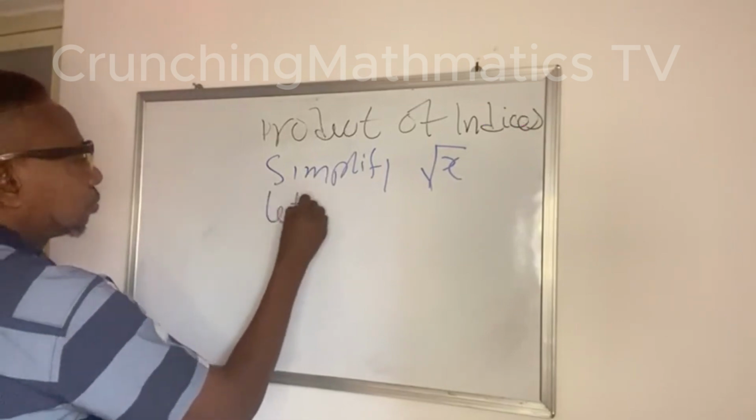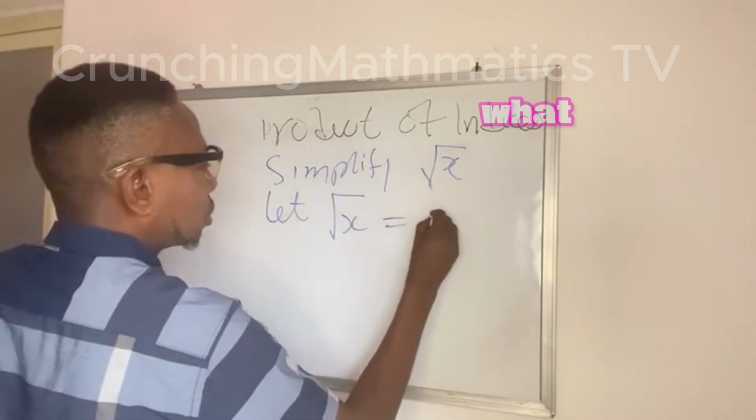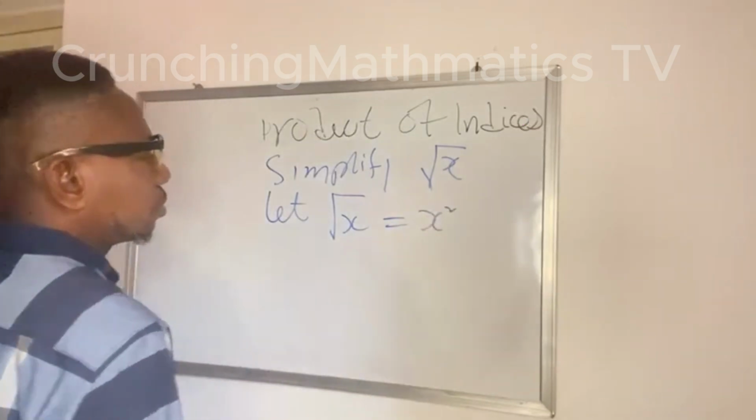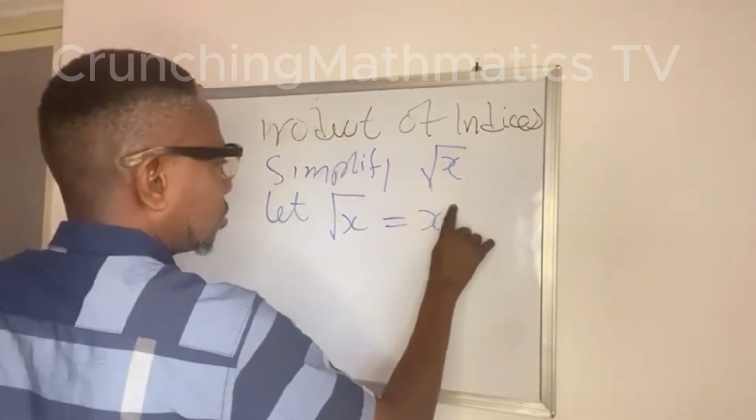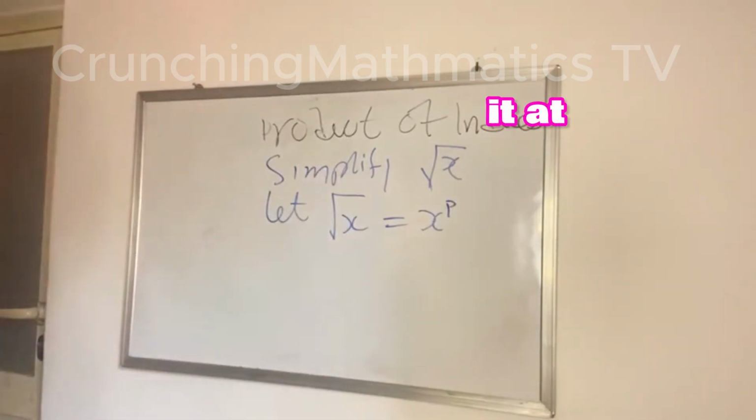Let root x equal x^p. So anywhere you see the value of root x, you take it as x^p.